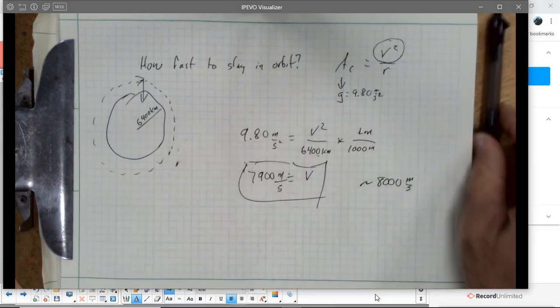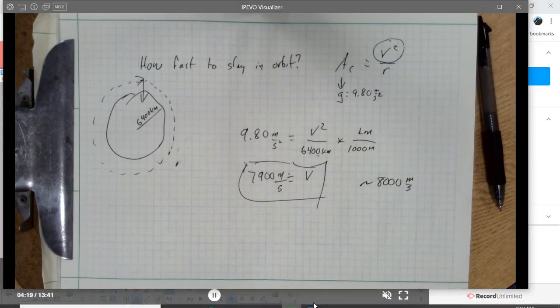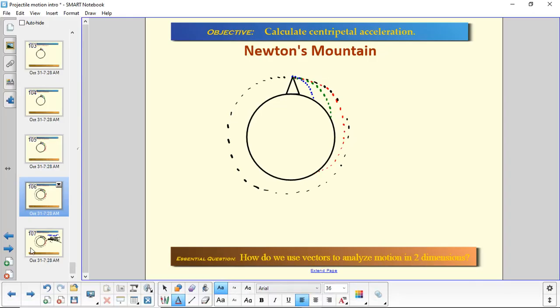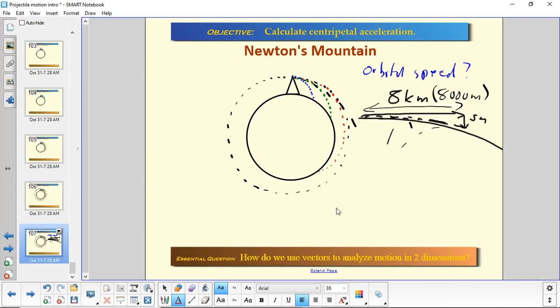There's another way that you can see this. Let me go back to this slide here. If you look at the Earth and you do the geometry of it, if you drop an object, put it in free fall, it will fall 5 meters in 1 second. You probably recall that from the calculations we've done on free fall.